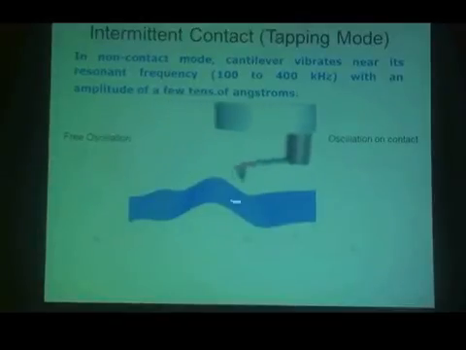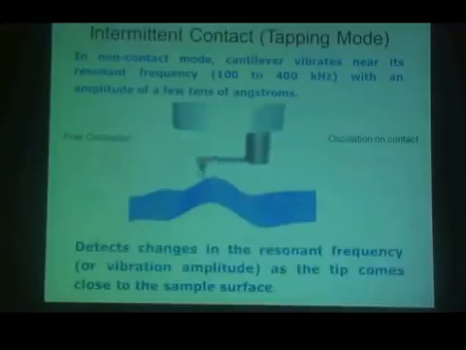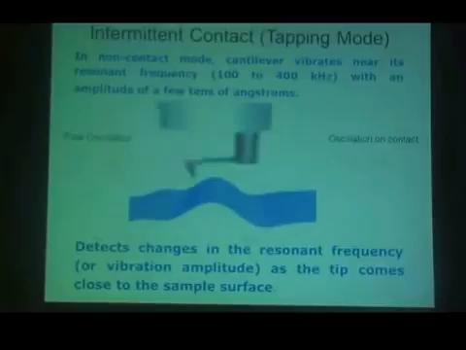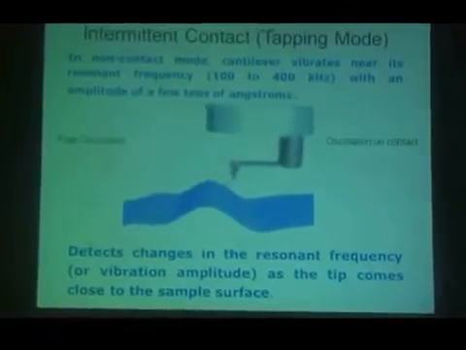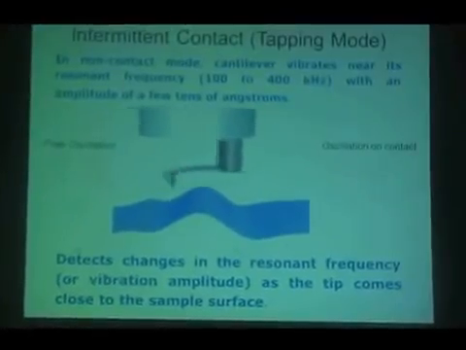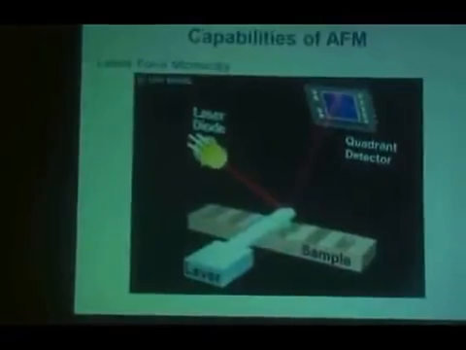When it starts touching the surface, either the amplitude or the frequency changes, and that will be proportional to the distance between the chip and the surface. So that is the intermittent contact or the tapping mode. This is very light tapping, so you will not get sample damage, but at the same time, you get a better resolution.